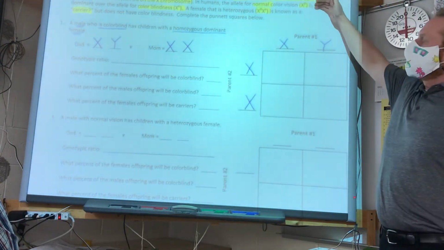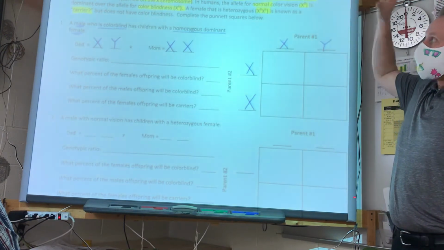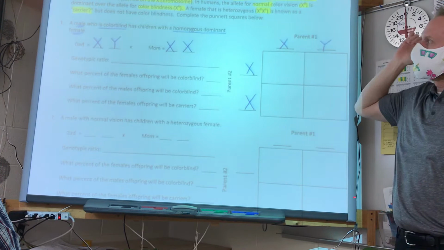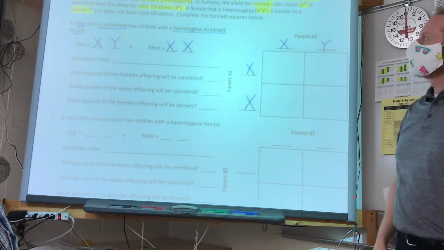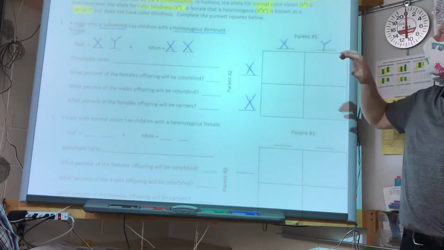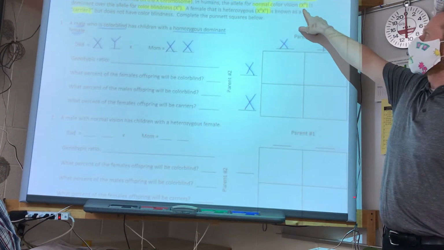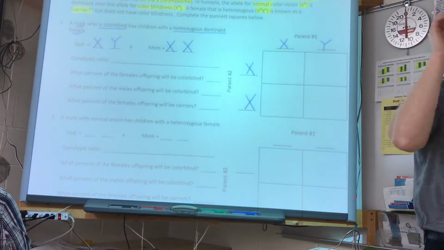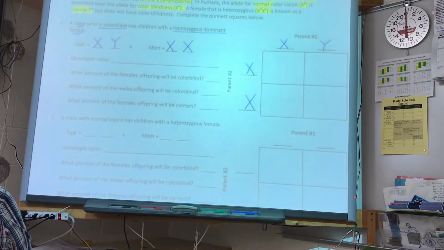Up in the description, it talks about color blindness. Color blindness is a sex-linked recessive trait, and it's carried on the X chromosome. Normal vision is X big B. If you're not colorblind, that means you have at least one X big B allele, because that's a dominant trait and it's going to show.